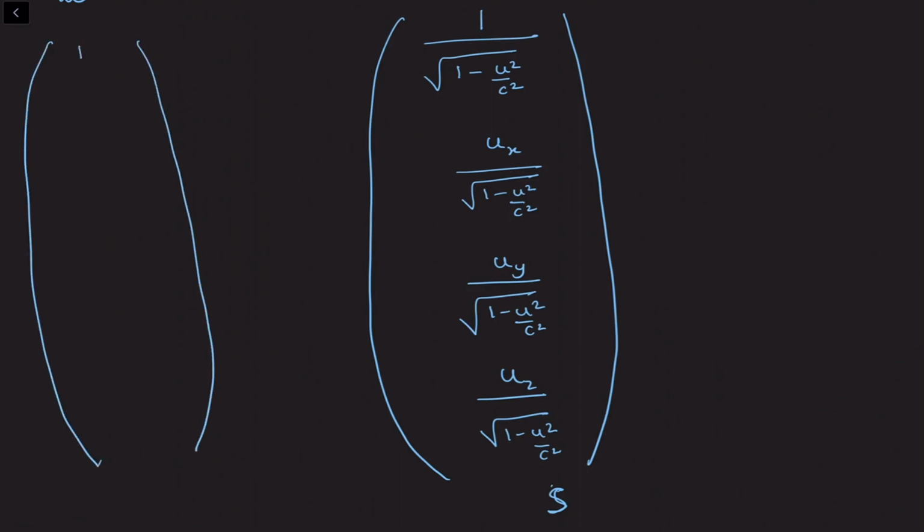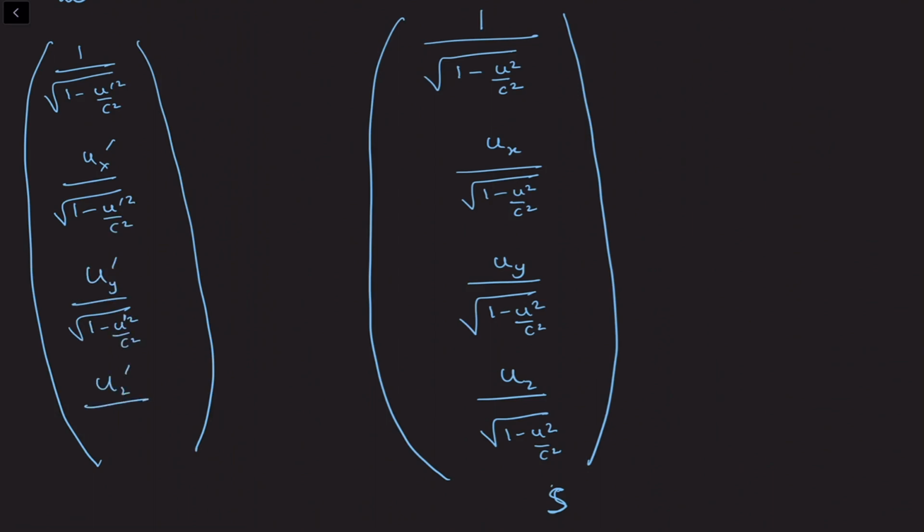That is, you construct 1 over the square root of 1 minus u prime square by c square, and then ux prime over the square root of 1 minus u prime square by c square, uy prime over the square root of 1 minus u prime square by c square, and uz prime over the square root of 1 minus u prime square by c square. And you ask, how are these 4 quantities in the frame S prime related to the 4 quantities in the frame S?